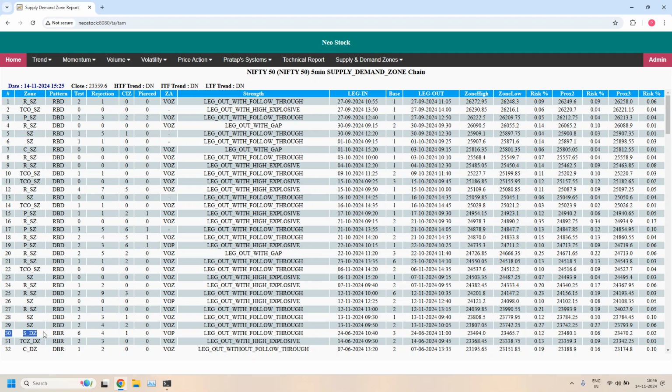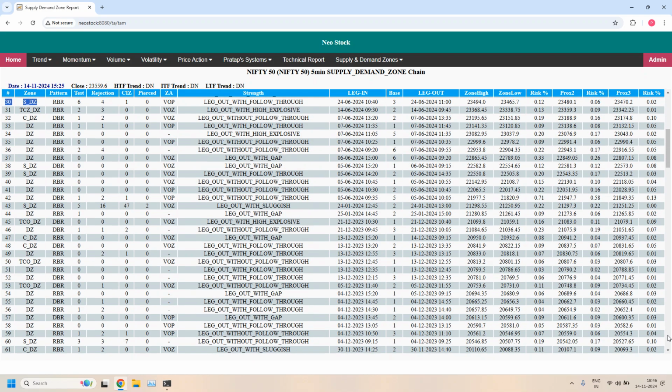So demand zones are started from 30. So for your reference, let me show you the next demand zones, that is from 34 onwards. So this is about NIFTY supply demand zone chain.